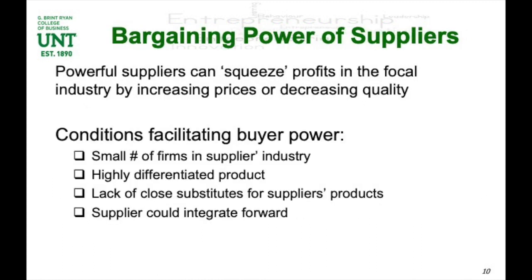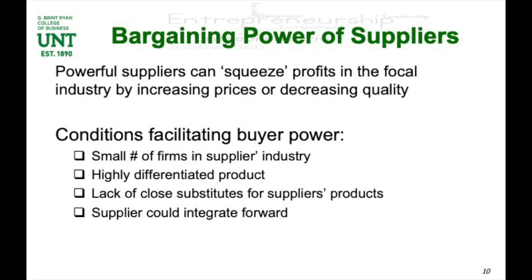Now let's talk a little bit about suppliers. Suppliers are the ones that you are purchasing from. So powerful suppliers can squeeze profits in your industry by increasing their prices, or they can decrease quality, leaving you with an inferior product. So these are some things that might give buyers more power. If you notice this list, it is the opposite of whatever conditions facilitated supplier power.